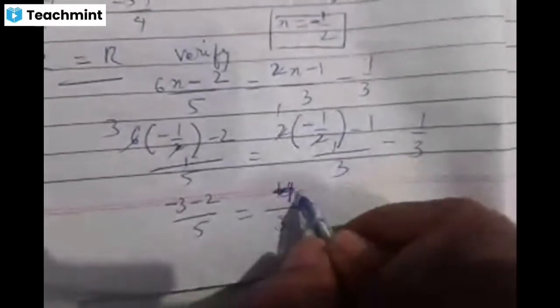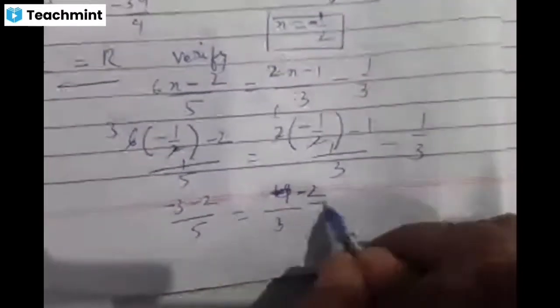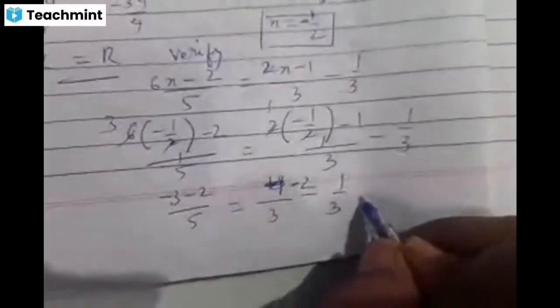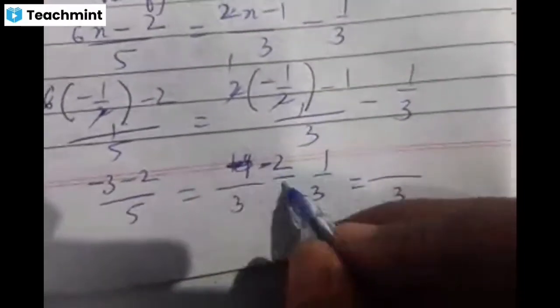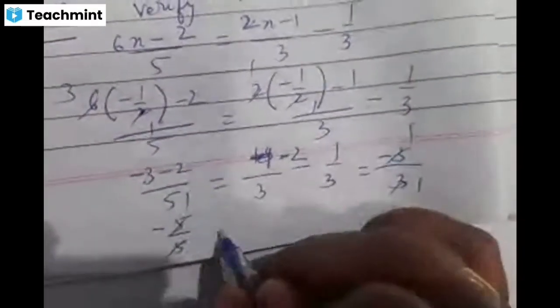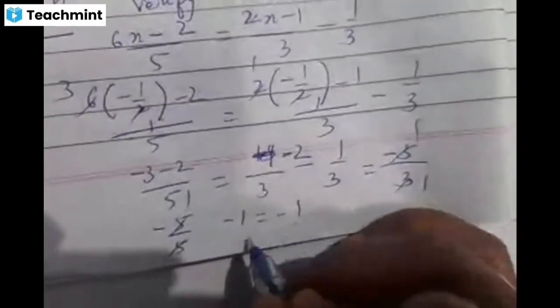Minus 2, minus 1 is minus 2 by 3 and minus 1 by 3. In the right hand side, common denominators you have 3, and minus 2 minus 1 will become minus 3. 3 ones are, 3 ones are. Here you have minus 5 by 5. 5 ones are, 5 ones are. Minus 1 is equal to minus 1. LHS is equal to RHS. In this way, 20th question, children.